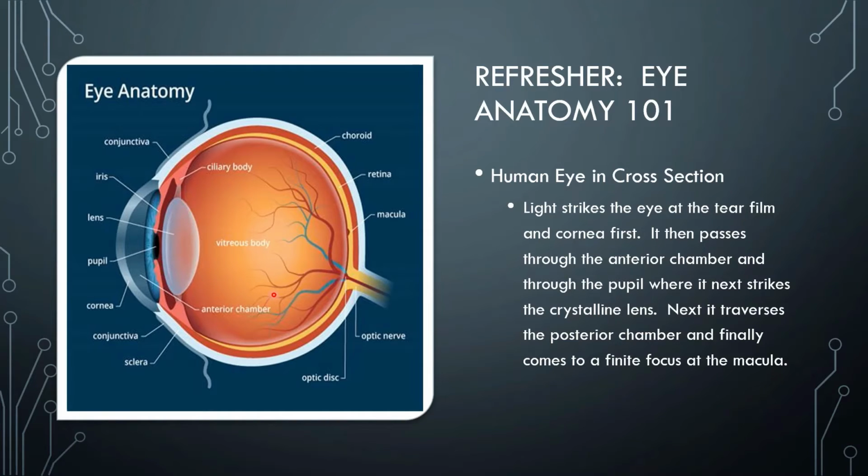We'll talk about that, and I'll show you some images of what that process is like. Then we come to the back wall of the eye, where the retina is, this yellow layer. The area of the retina responsible for the dead center of the vision is the macula, and in the center of the macula is a little pit called the fovea.